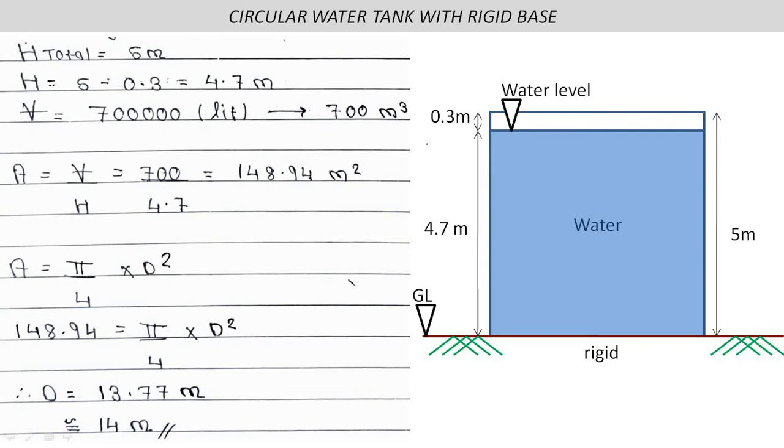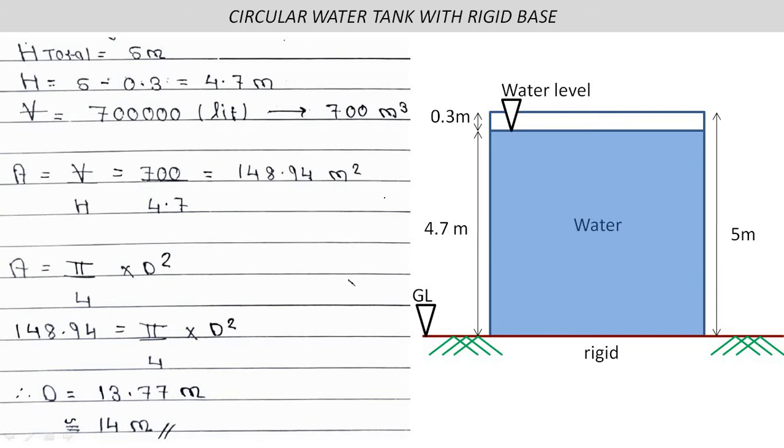Area is volume upon height, so with volume 700 meter cube and height of water 4.7 meters, the area of the tank is 148.94 meter square.